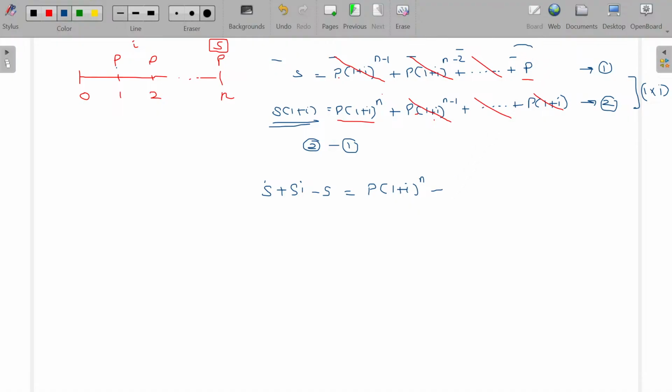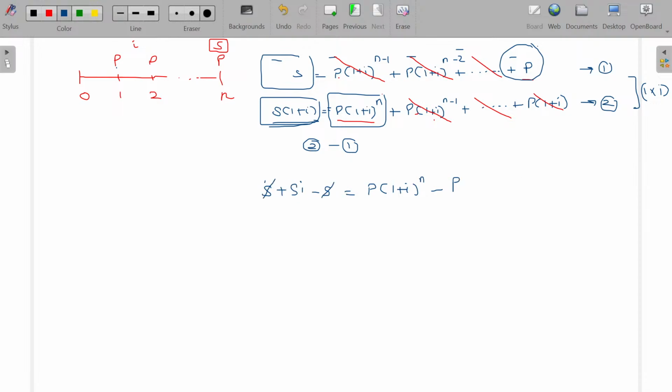Last term of the first equation being minus p. So I have taken this one and I multiplied S inside. Okay, S into 1 S, S plus I, Si. And I subtract this one minus S. And first term of the second equation remains uncancelled, and last term of the first equation remains uncancelled.